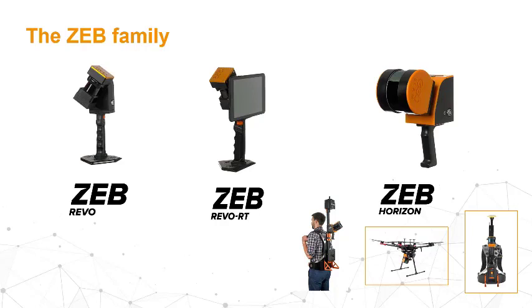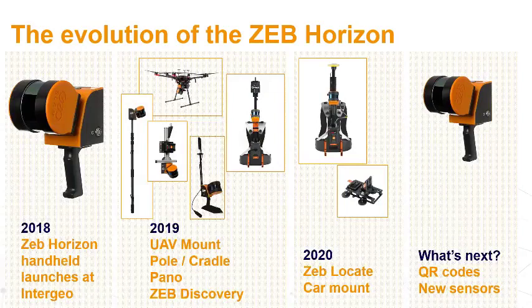So you see here on a picture a couple of them, using it in a combination with the NC camera 360, using it on the drone, or using it in a combination with a GPS receiver. So the versatility of ZEP Horizon is something I would like to focus on in my next slides.